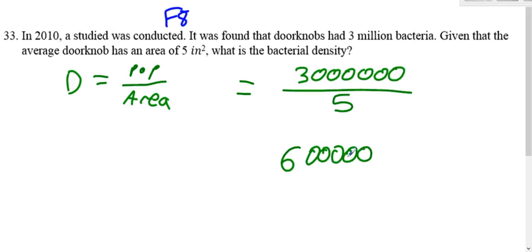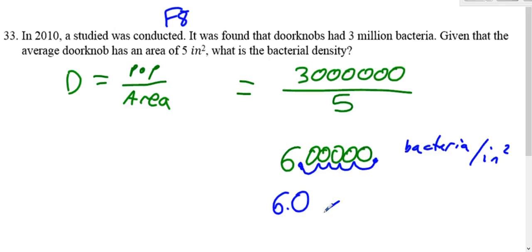We get 600,000 bacteria per square inch. If you wanted to write it in scientific notation, you'd have to move the decimal 5 places, so that would be 6.0 times 10 to the 5th.